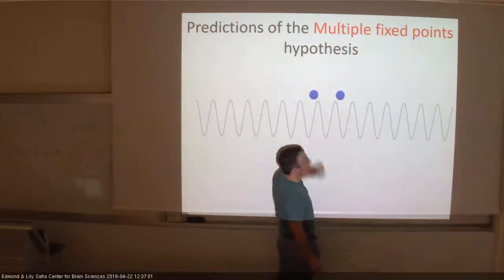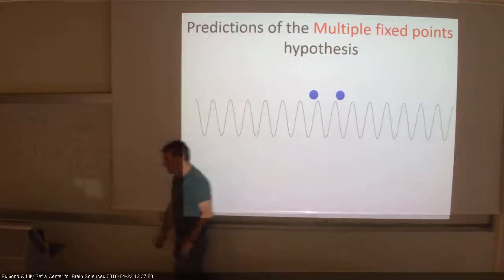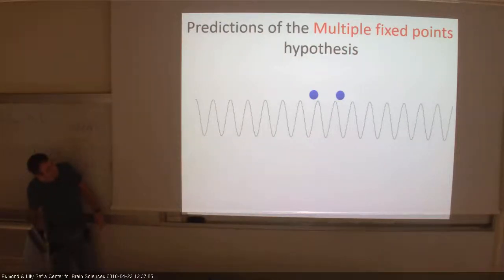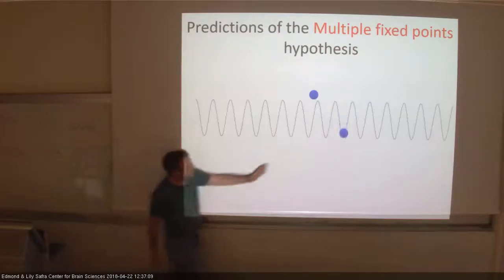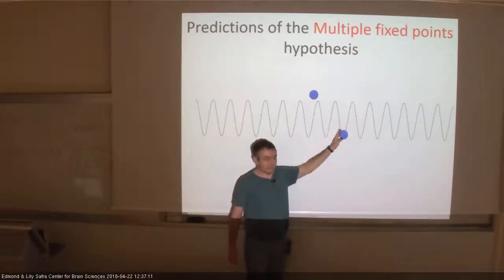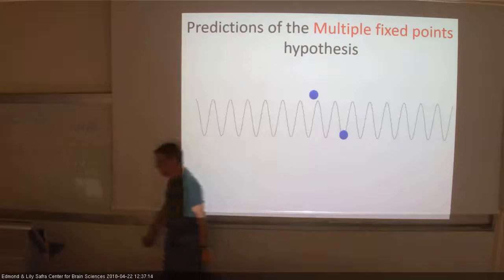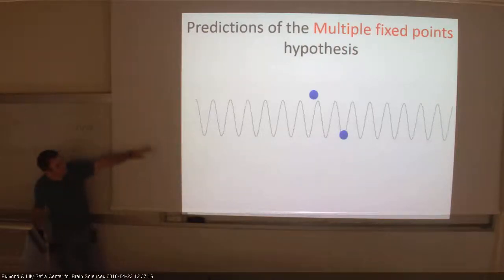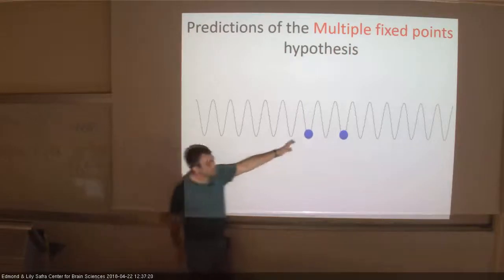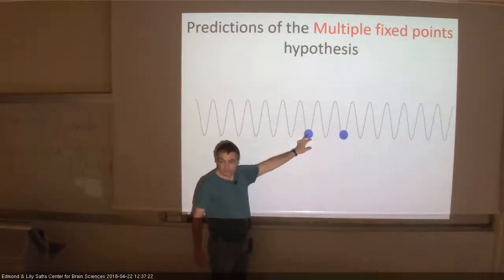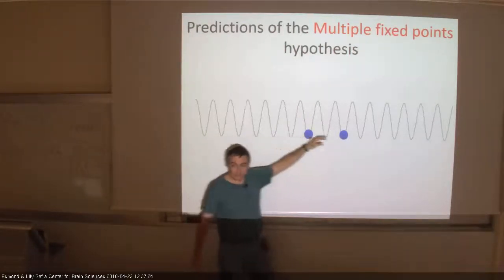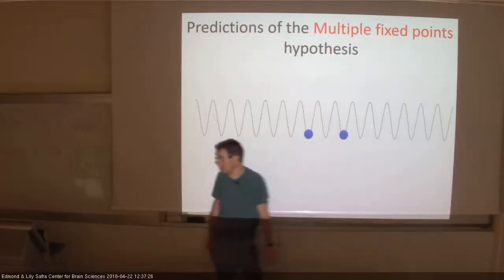These will correspond to different stimuli. So if I'm presented with a right-hand stimulus, the memory will converge to this fixed point. Whereas if I'm presented with a left-hand stimulus, the memory will converge to this fixed point. So these are the multiple fixed points of memory.